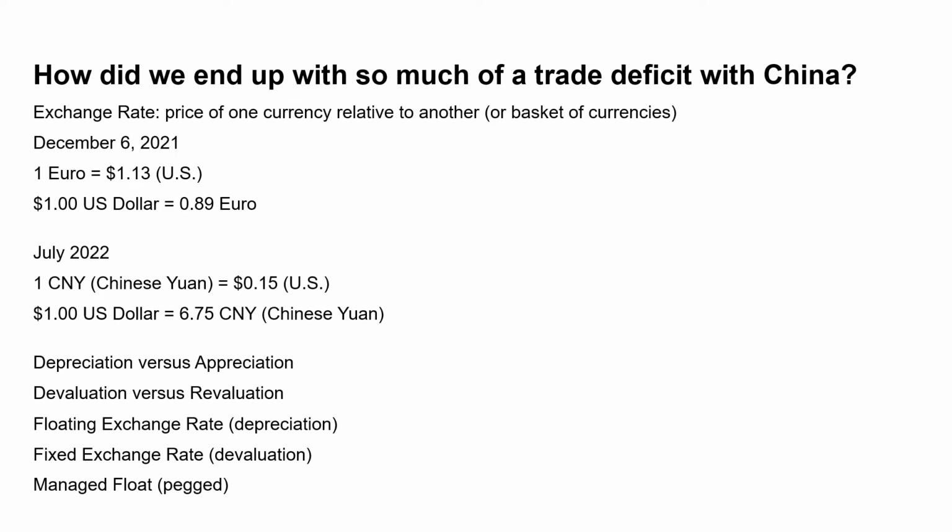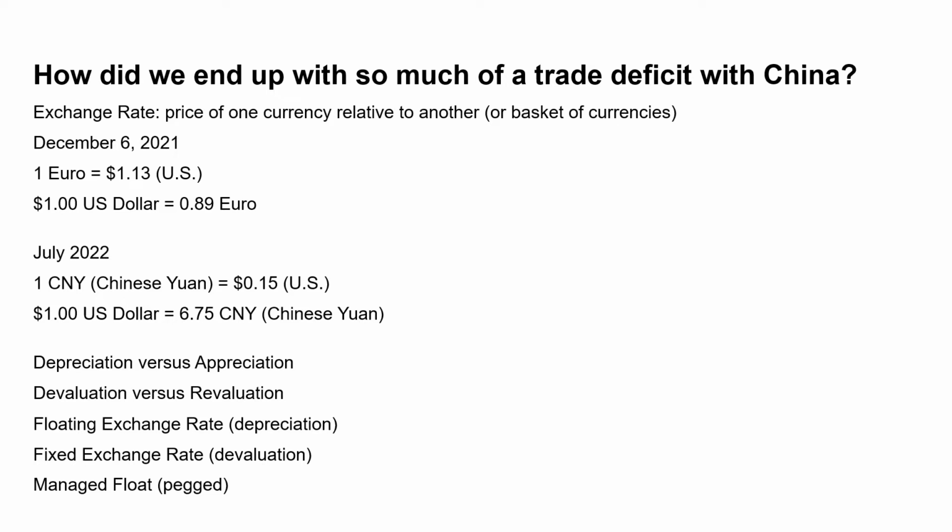So when we have depreciation, appreciation, devaluation, revaluation, what happens is that when you have a freely floating exchange system, you have depreciation and appreciation. So if the dollar increases in value versus the British pound or the euro, that means that the value of the British pound or the euro goes down.